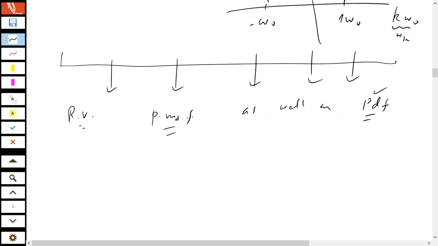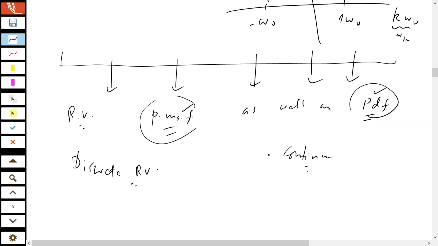A similar picture is here. When you are dealing with a discrete random variable, you still have some non-zero PMF. But if you apply that same concept of PMF to continuous random variables, all the PMFs become zero, so you have to replace them with densities and you get PDF, right?